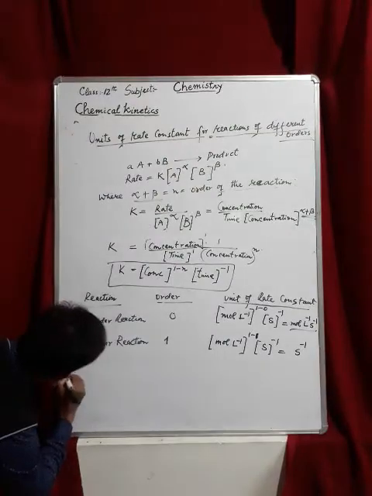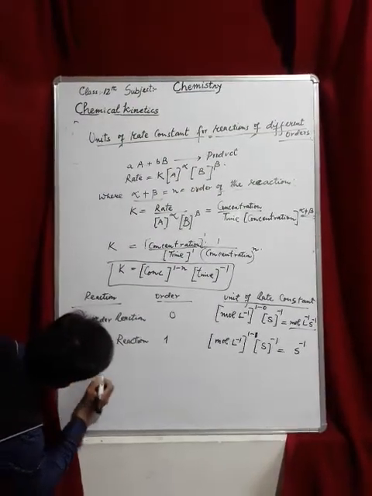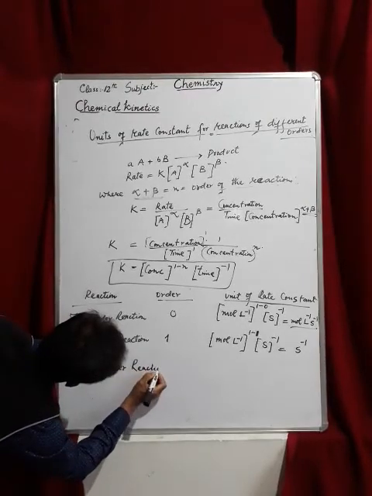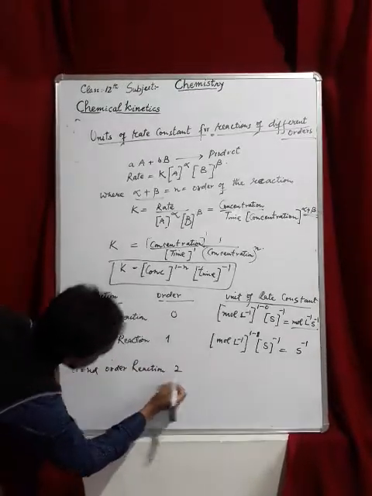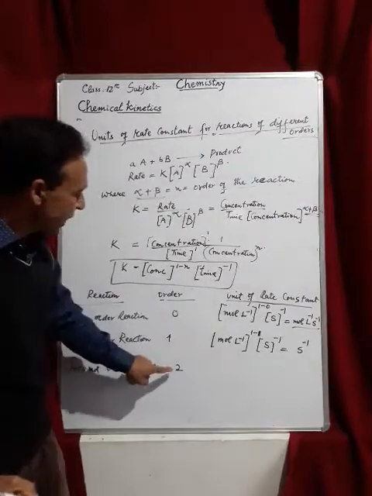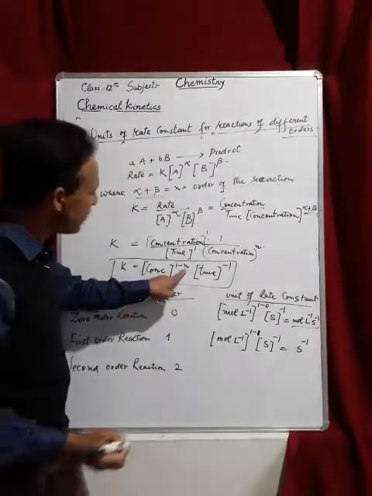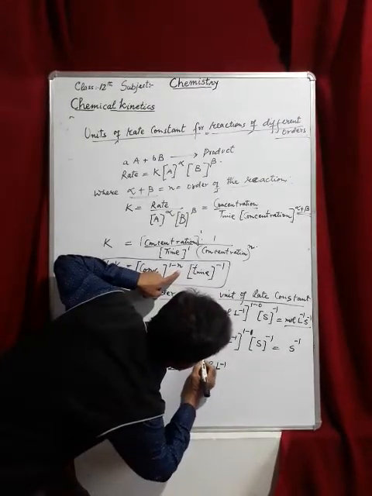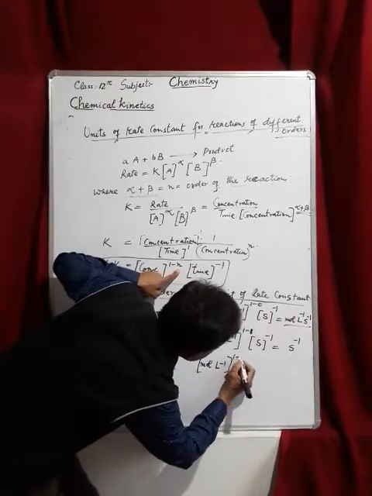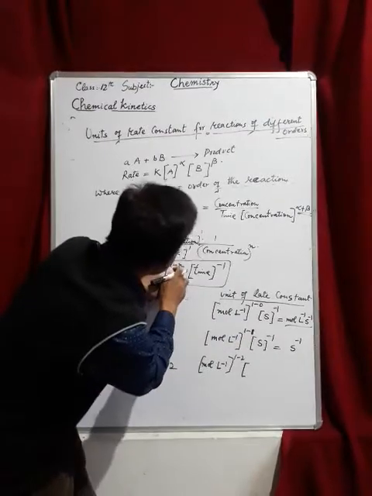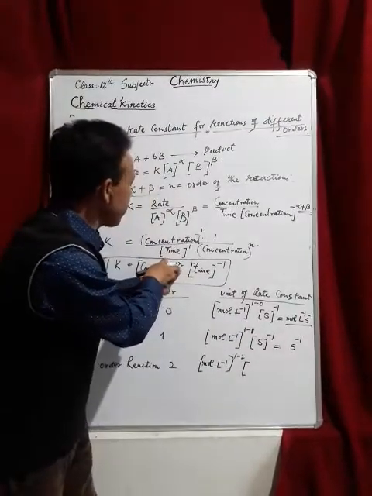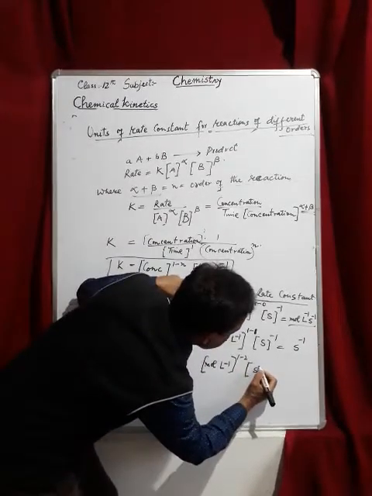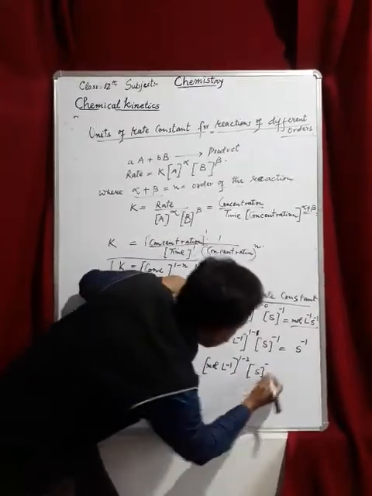Now second order reaction. For second order, the order of the reaction is 2. So here n is 2. That is mole per liter raised power 1 minus 2, into time per second raised power minus 1.